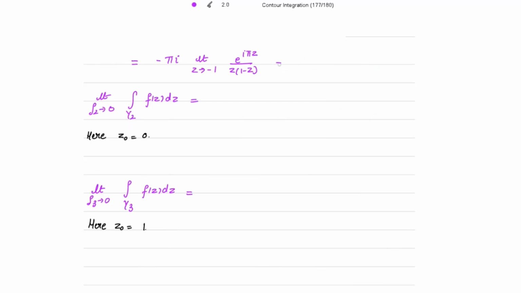So this is equal to minus pi iota into, putting z equal to -1 here, I get minus pi iota over 2 in the denominator. And in the numerator, as e to the power minus pi iota is equal to -1, when you calculate, you get minus pi iota by 2.